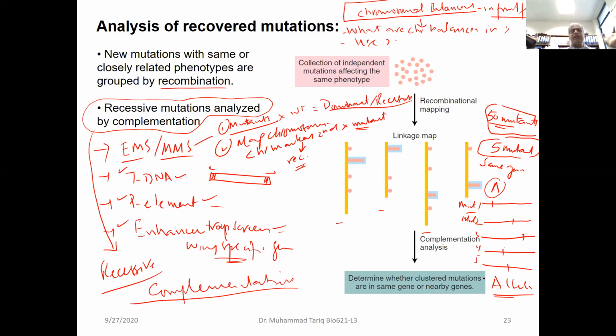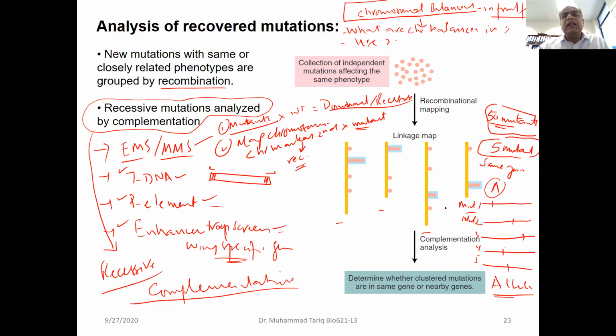The whole purpose of a genetic screen is to be very smart, minimize your work and exclude. Instead of saying I have 50 independent genes, you may have 10 independent genes, and all the others out of 50 are alleles of different genes.